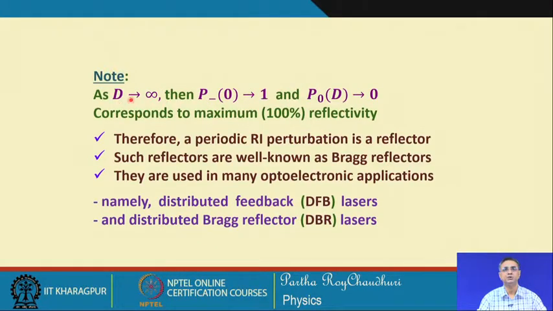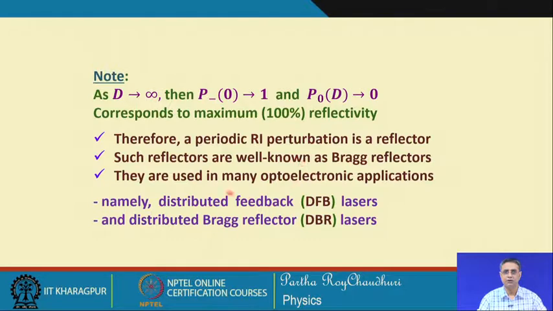So, as d tends to infinity, P minus becomes 1 and P0 becomes 0, because the entire power from the incident beam is transferred to the minus order diffracted beam. This corresponds to the maximum reflectivity, and this property is used in various applications in optoelectronic devices.